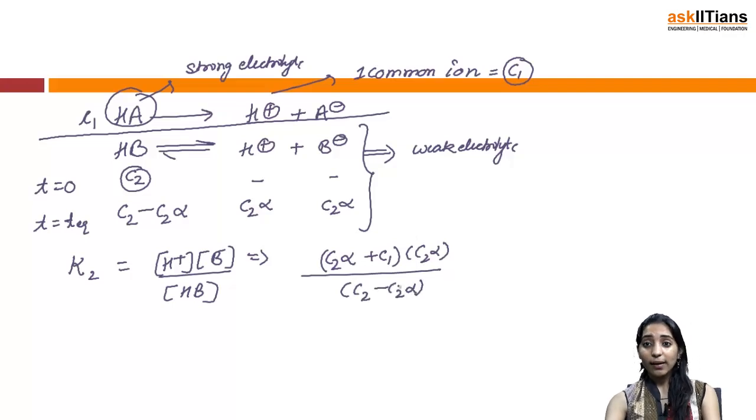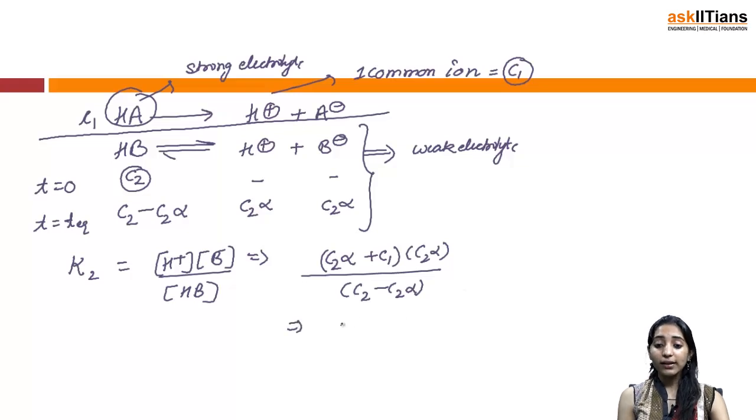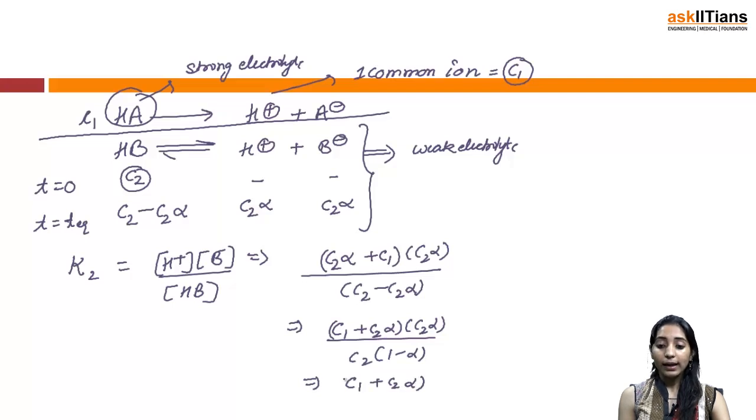So if I take something as common, I can very easily say that this value is nothing but C1 plus C2 alpha into C2 alpha by C2 into 1 minus alpha. If I write this thing, I can say that this is C1 plus C2 alpha into alpha by 1 minus alpha.